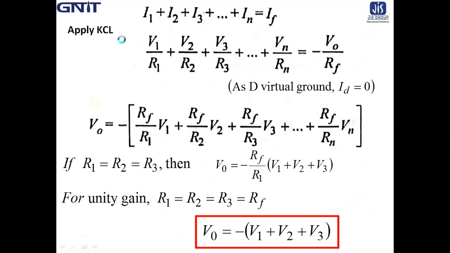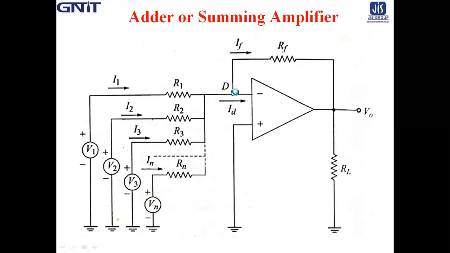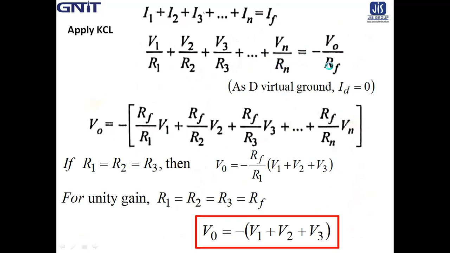Apply KCL at point D, which gives 0 minus V0 by RF on the right-hand side. Why does this minus sign come? Because at point D the voltage is 0, so it is 0 minus V0 by RF.